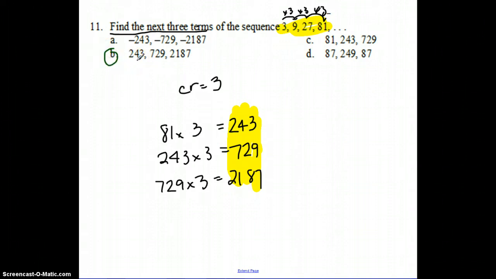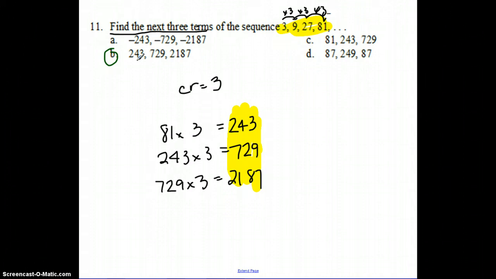Now, if you're talking about good test-taking skills, if I look at problem 11, I would see that A and B are exactly the same except that they're positive and negative versions of it. That might give you a hint that those are obviously numbers we want to look at.